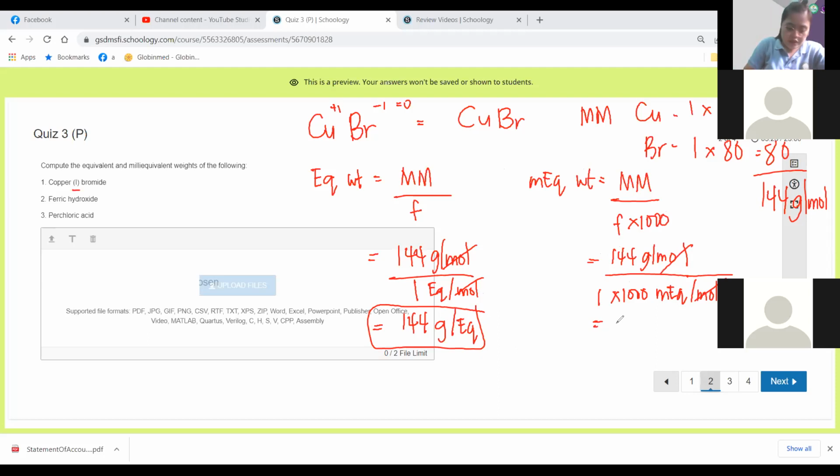This is 144 divided by 1,000 is 0.144 grams per MEQ. If you have rounded this off to 2 decimal places, I have no problem with that. 0.14. That's okay also. Any question for the first one?